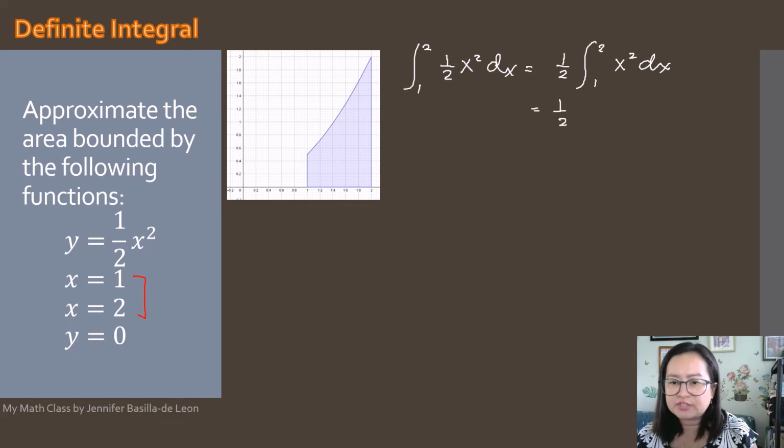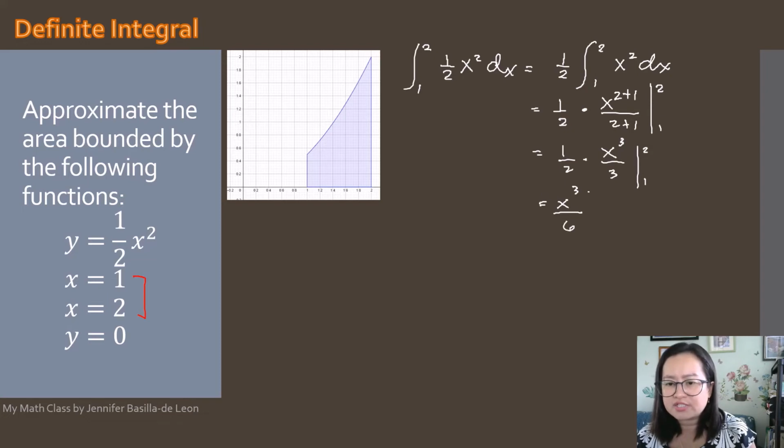Now we get the antiderivative of x squared, so this can be equal to 1/2 times x raised to 2 plus 1 over 2 plus 1, evaluated from 1 up to 2. So simplifying, we will have 1 over 2 times x cubed over 3, evaluated from 1 to 2. So we will have x cubed over 6, evaluated from 1 up to 2.